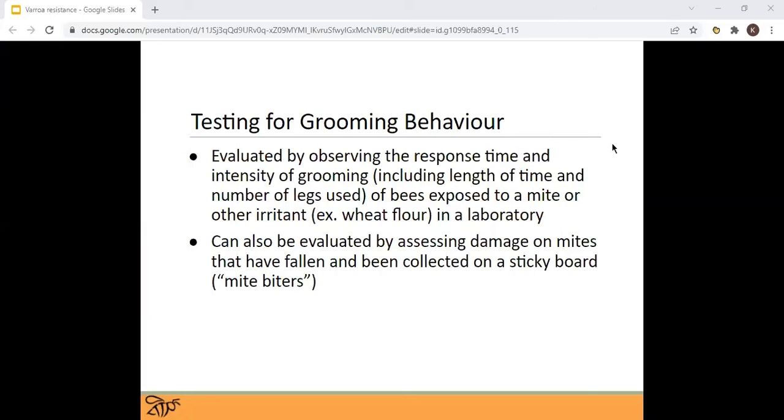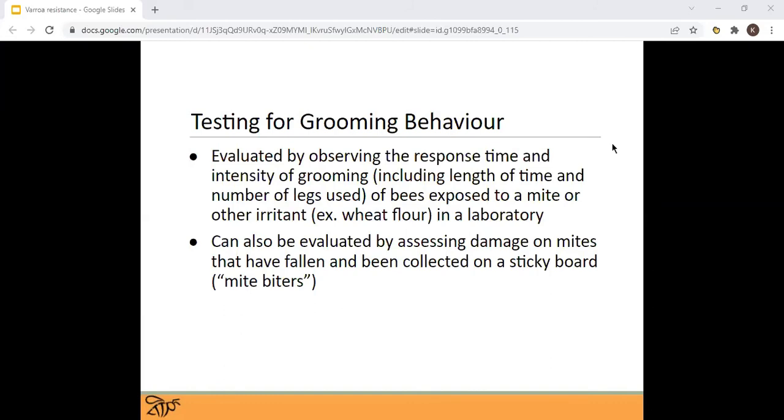Grooming behavior is assessed in two ways. First, bees can be observed for grooming behavior in the lab by assessing response time as well as intensity of grooming. The length of time that they groom themselves and the number of legs that they use when they're grooming themselves both go into the intensity of grooming behavior.